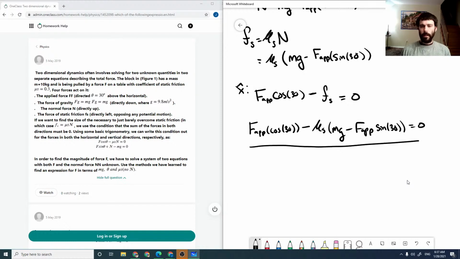So now we need to collect terms here. So we've got F applied cosine 30 plus mu s sine 30 minus mu s times mg equals 0.